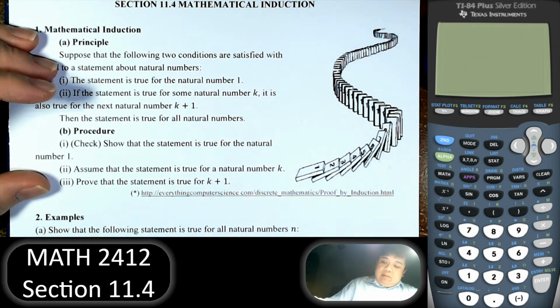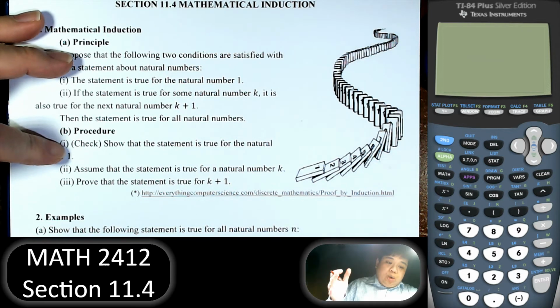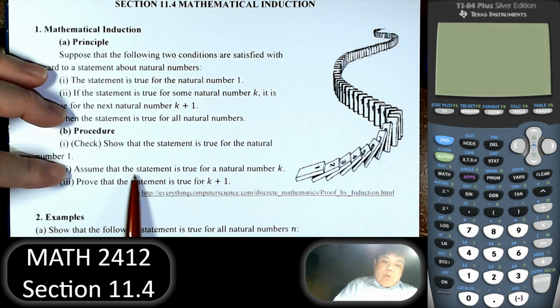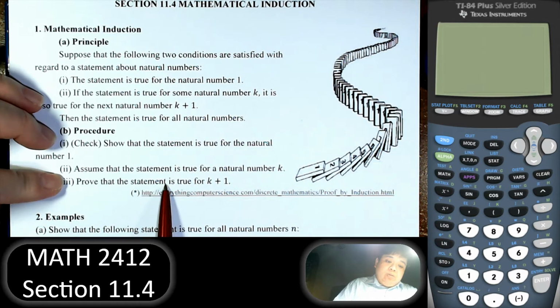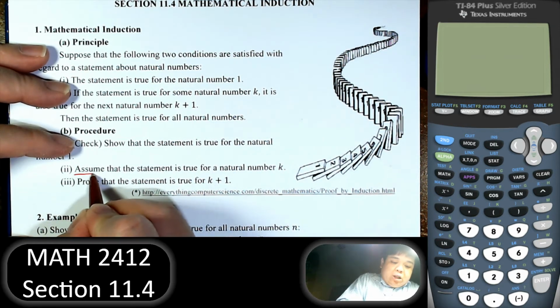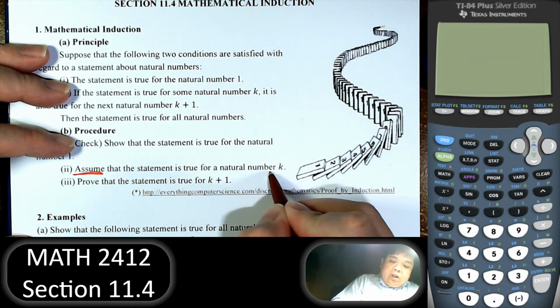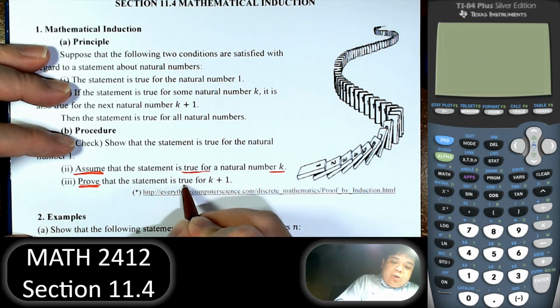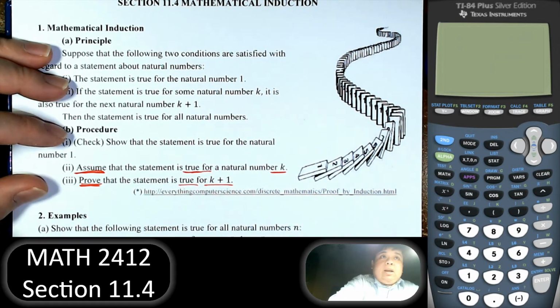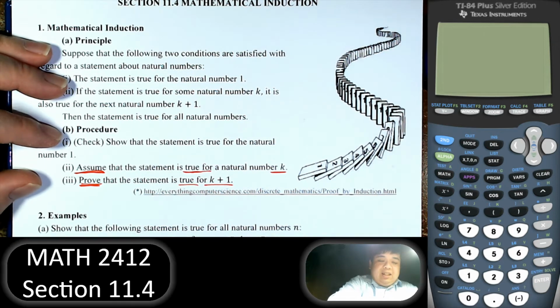First we're going to show that it is true for 1. Next, we assume that it is true for k. This is only an assumption. But we need to prove that it is true for k plus 1.